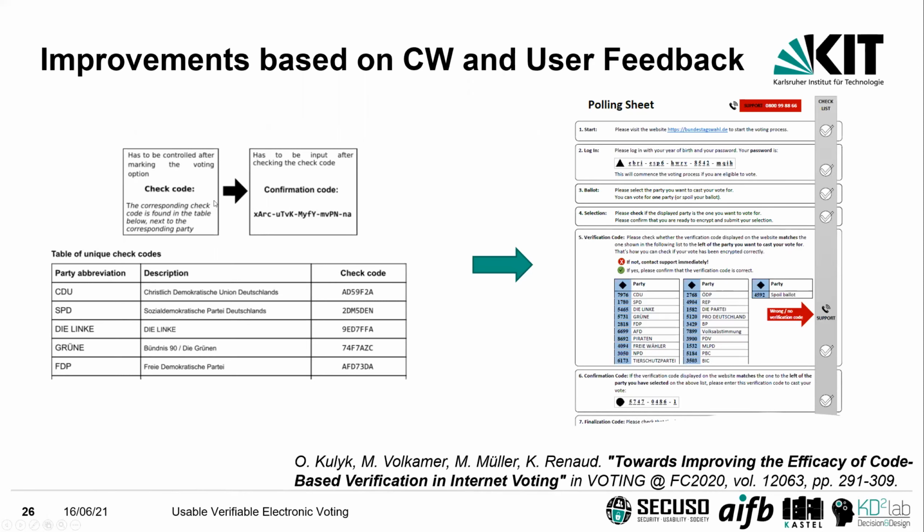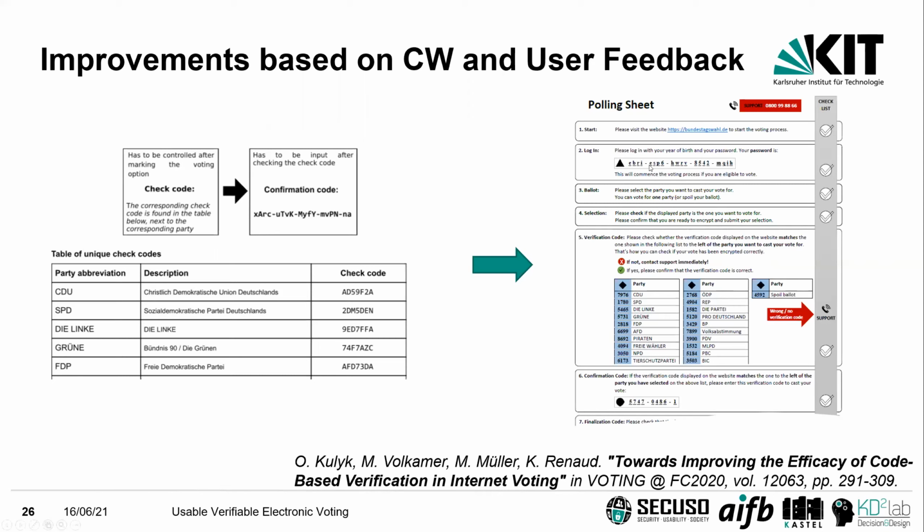If people don't read this properly, they may just think, if the interface says what Jordi said before, your check code is okay, please enter your confirmation code, giving the original code sheet, it's very likely that they just enter the confirmation code and don't go down and check for their party that they were supposed to vote for and check the check code, what is called return code in some previous slides.